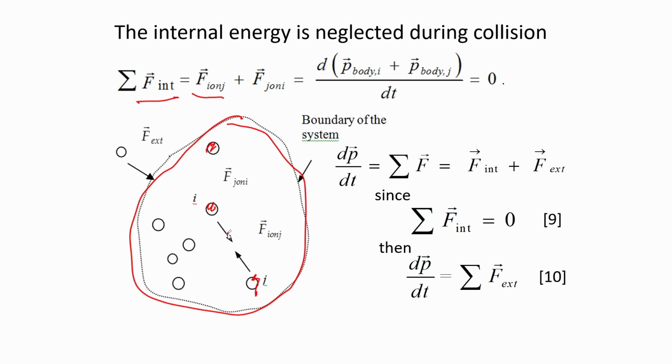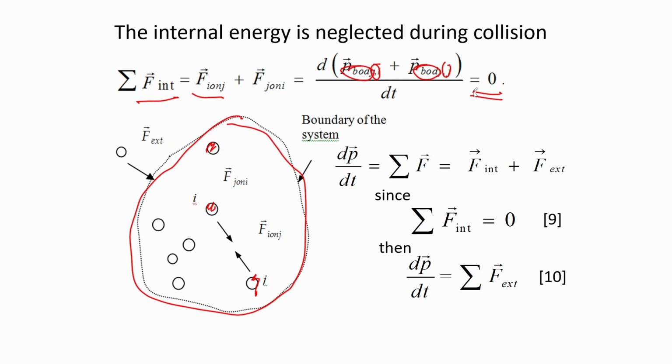Now, if you look at the expression here, the force is simply dp over dt, if you recall. But since there are two, we call this the differential of the sum of body i interacting with body j over dt. And this is equal to 0.